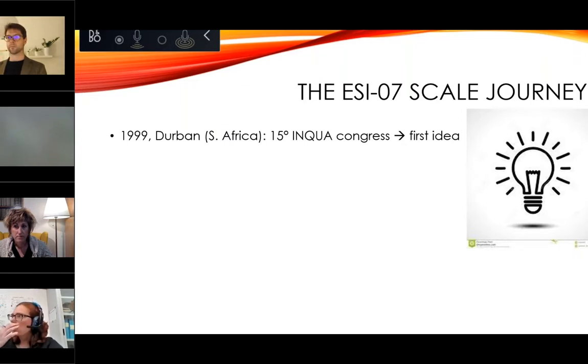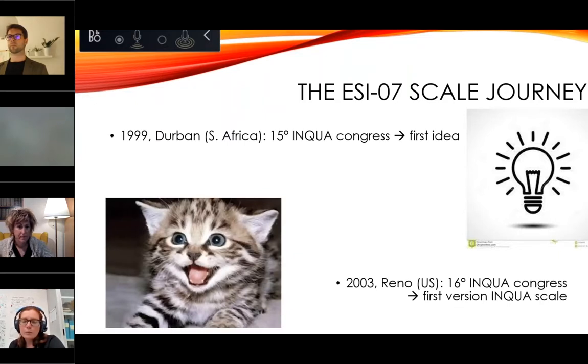At that moment, the idea that it was good to start building an intensity scale based only on nature was first assessed. So the process began, and a preliminary version of the ESI scale was proposed to the public in 2003 at the next INQUA Congress.